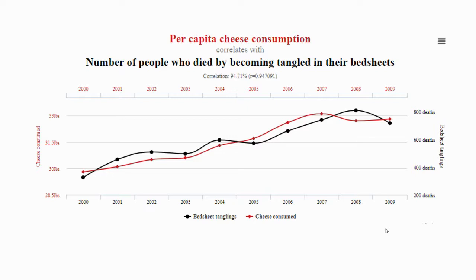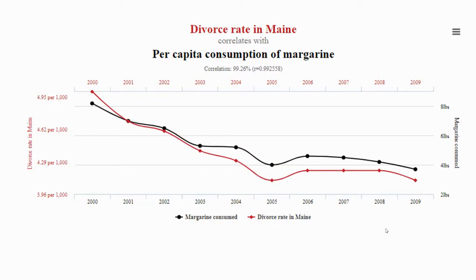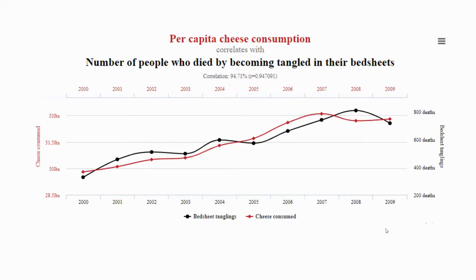For example, the number of people you've met in your life and the number of times you've read a sentence probably correlate positively. But this is just because in both cases, as you get older, you'll meet more people and you'll read more things. So both will increase with age, although one is not directly affecting the other. In the same way, in this graph, per capita cheese consumption and the number of people who die tangled in their bed sheets may have an incredibly good correlation, but they're not related.